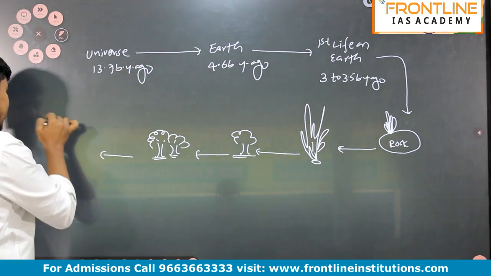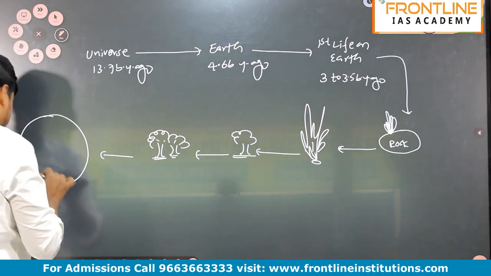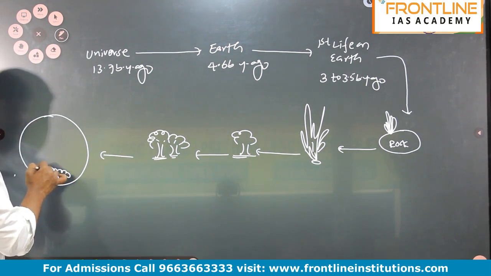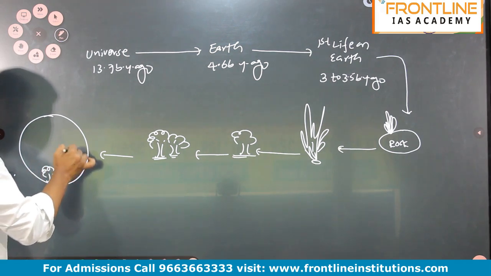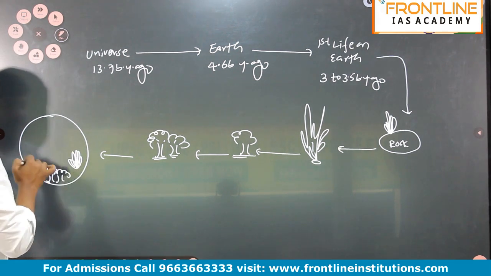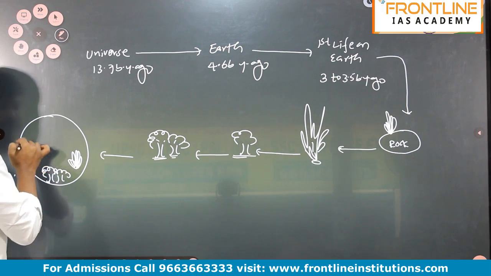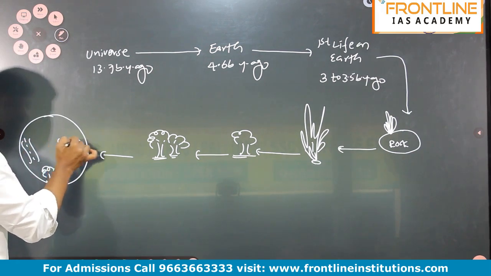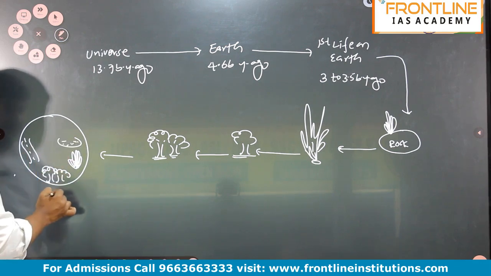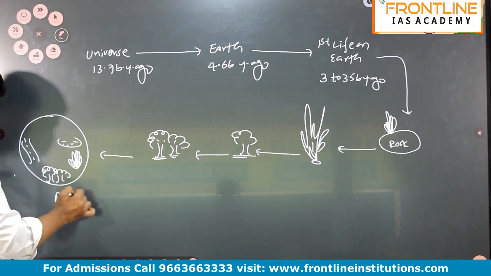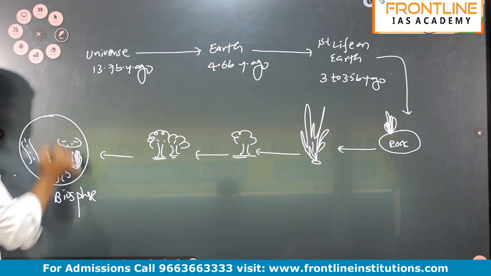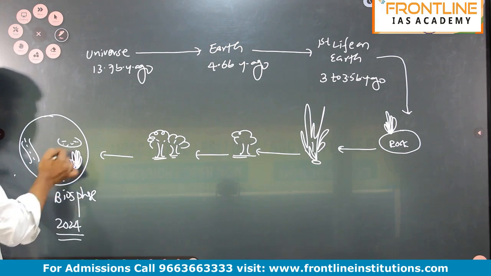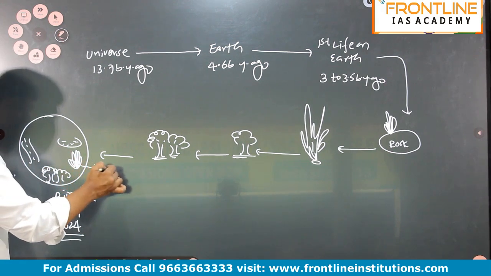And today we have the biosphere, which includes forests, grasslands, rivers, and lakes. All together we call it the biosphere. So in the present, that is 2024, we have different types of life.